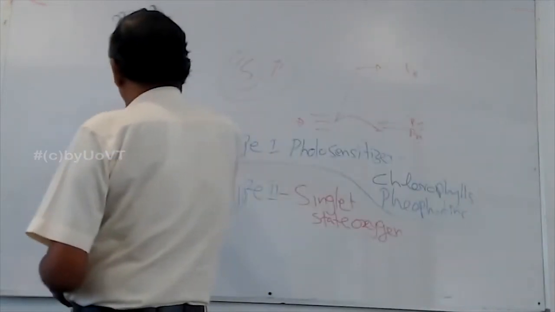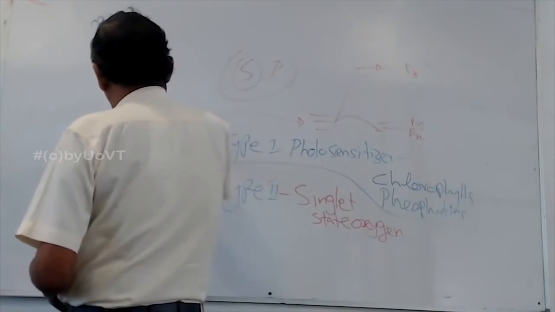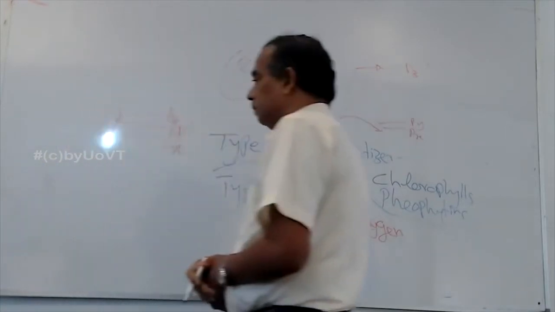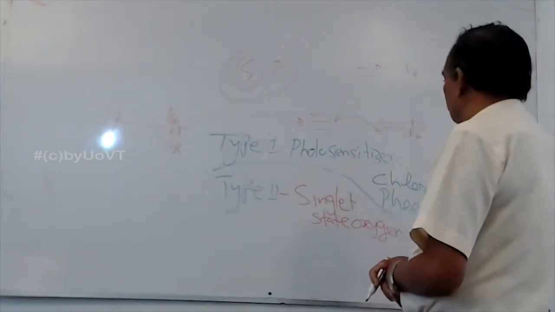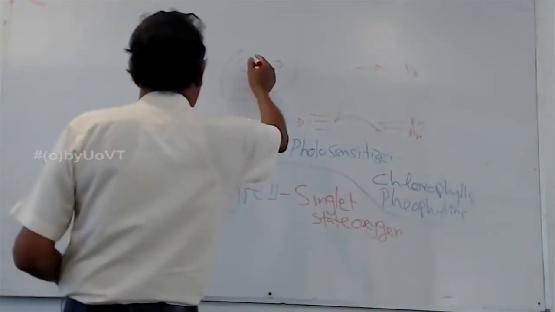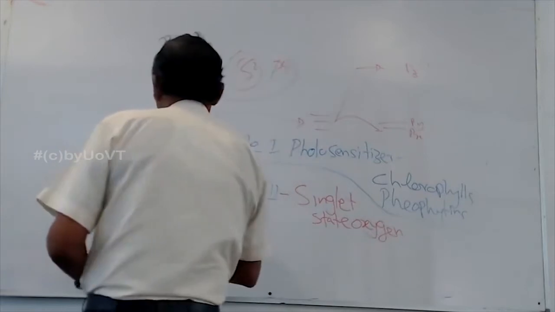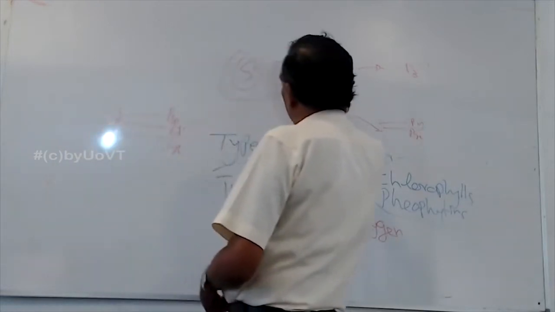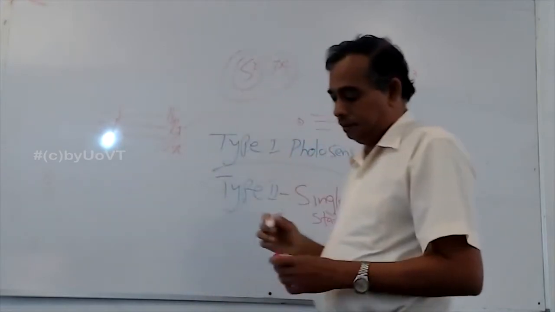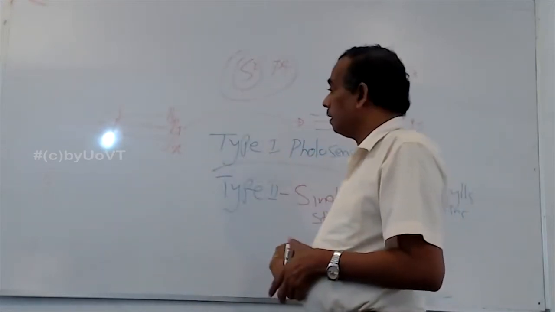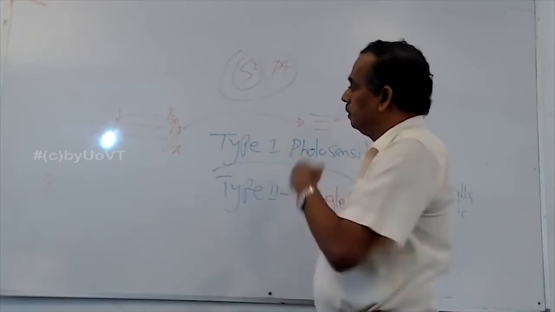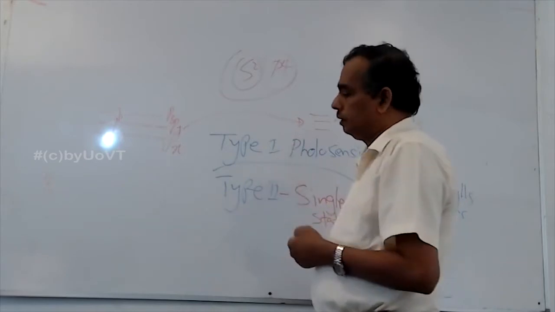Sorry, this is 2p4. Because oxygen is 2s2 2p4, we are going to fill the p electrons, because we don't worry about the s electrons. That is completely filled.